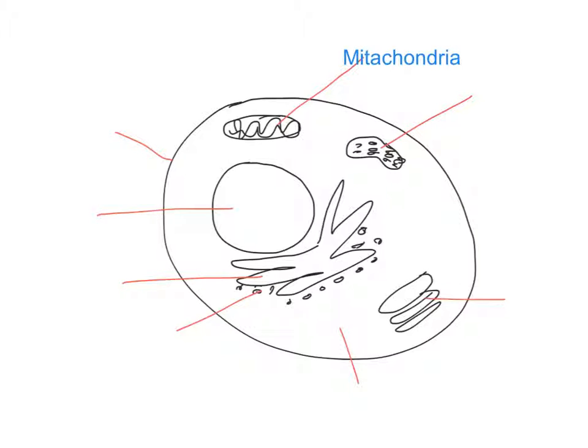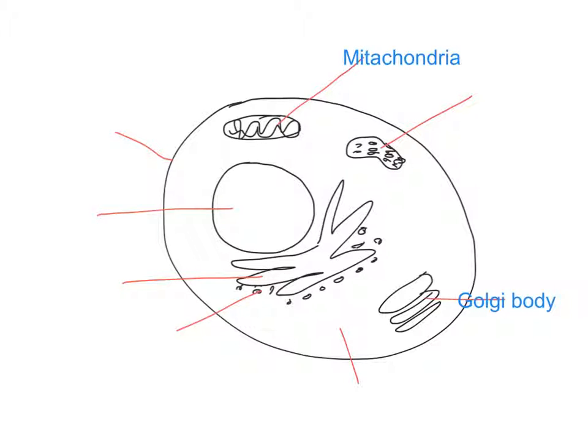Then we've got a couple of other features in this cell. We've got the Golgi body, or Golgi apparatus, depending on which school you go to. These guys here are pretty important, and I like to think of them as the post office. So anything that's made within the cell travels through the Golgi body.